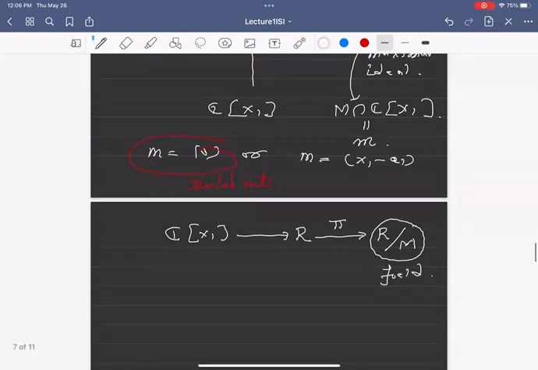Yeah, and this is the inclusion map. So then I compose these two; these are ring homomorphisms. The inclusion map is a ring homomorphism, and pi is the quotient map, that is a ring homomorphism.